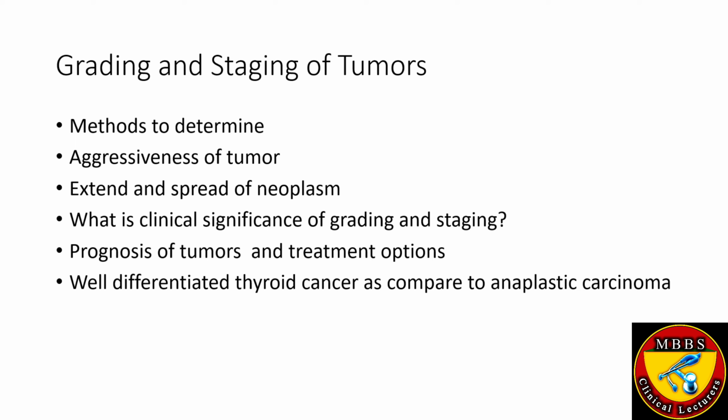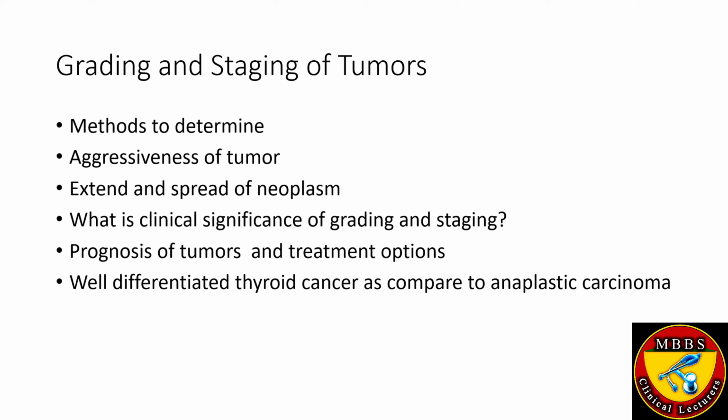For example, if we take the example of a tumor of the thyroid, if one patient is given the diagnosis of a well-differentiated thyroid cancer and another has thyroid cancer with the diagnosis of anaplastic carcinoma, the surgeon will come to know that the well-differentiated thyroid carcinoma has a somewhat good prognosis as compared to the anaplastic carcinoma.